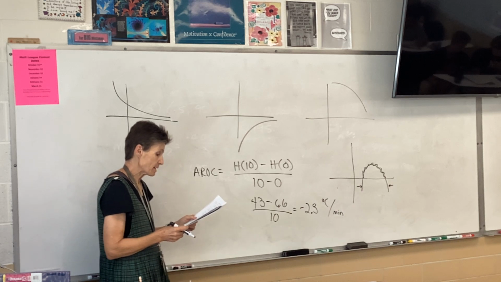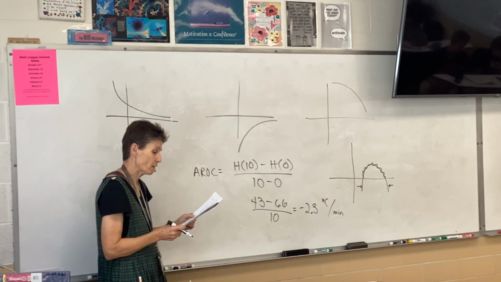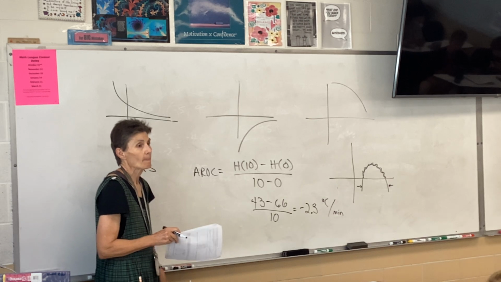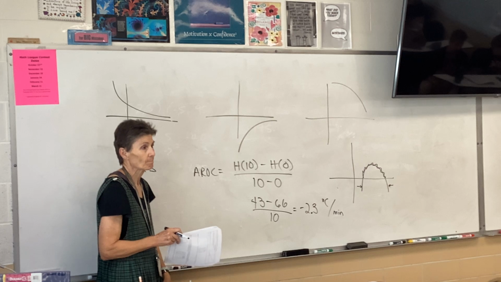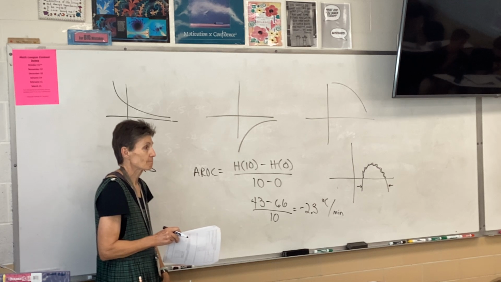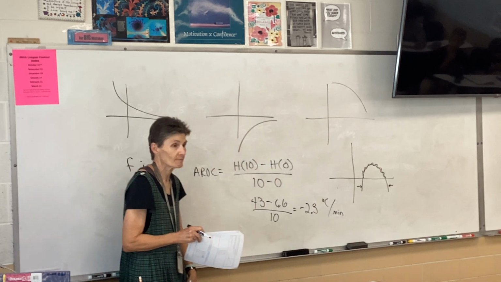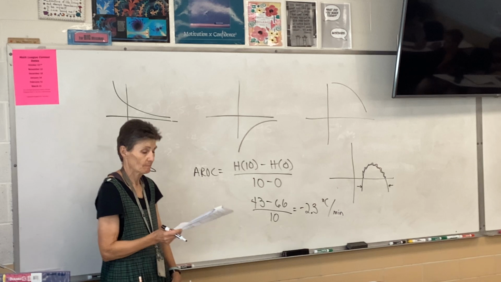All right, one more. Estimate the rate at which the temperature of the tea is changing at 3.5. Explain your method. I don't know that there's necessarily a right and a wrong method. You've got to have some method. Alex, what do you think?